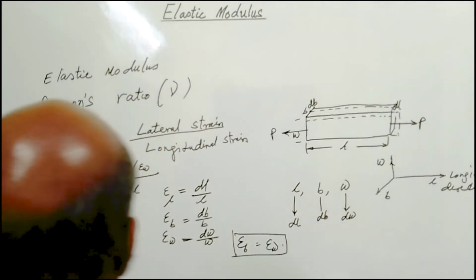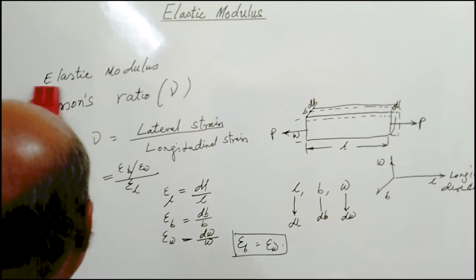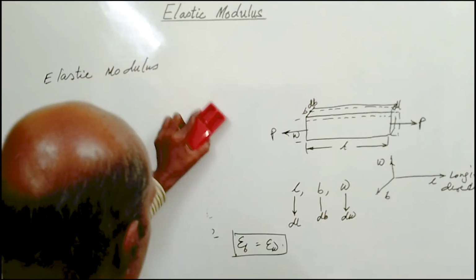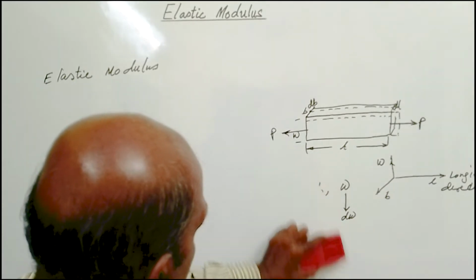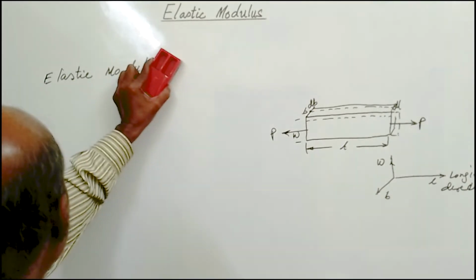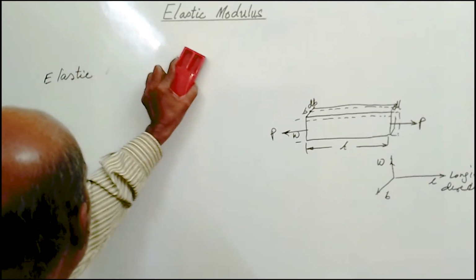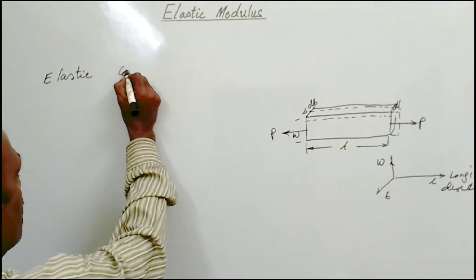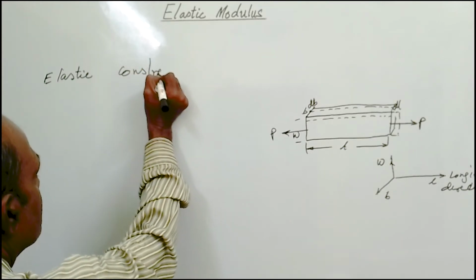Now we will see the relation between the elastic constants. There are four elastic constants in strength of materials, which we have seen. We will write elastic constant or elastic modulus.